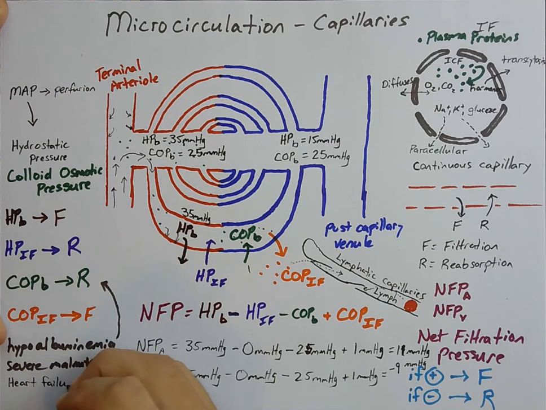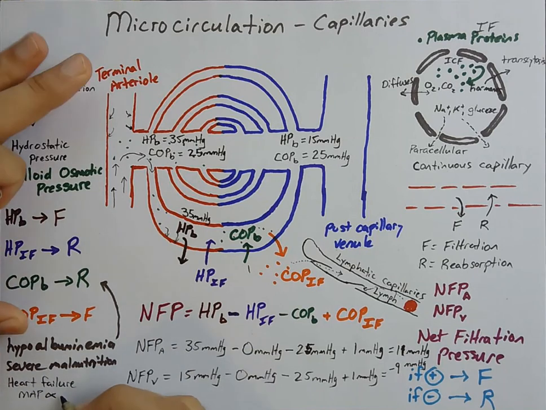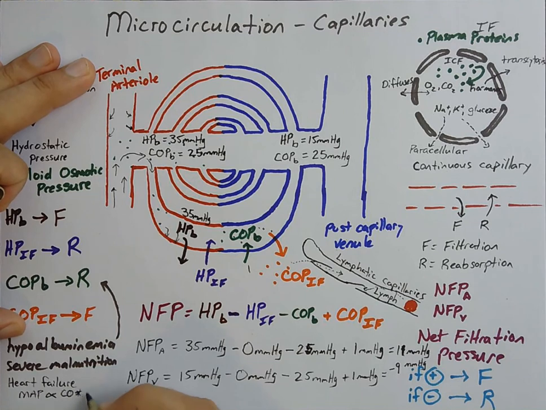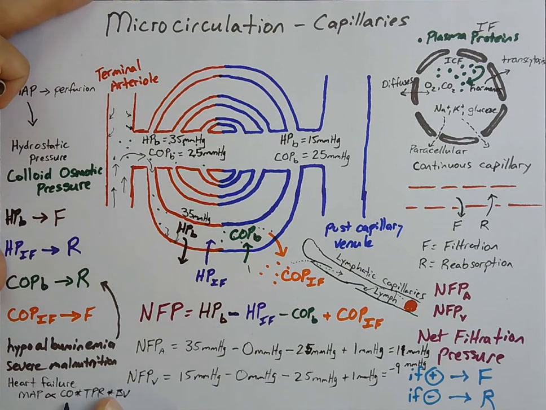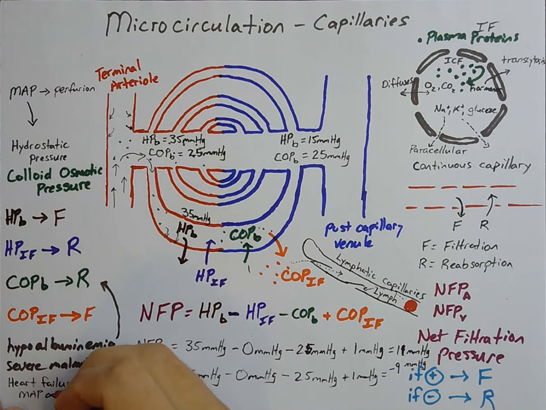Well, we know that heart failure impacts mean arterial blood pressure, right? And heart failure does that because mean arterial blood pressure is proportional to cardiac output times TPR times blood volume. So if somebody has heart failure, that cardiac output starts to drop.